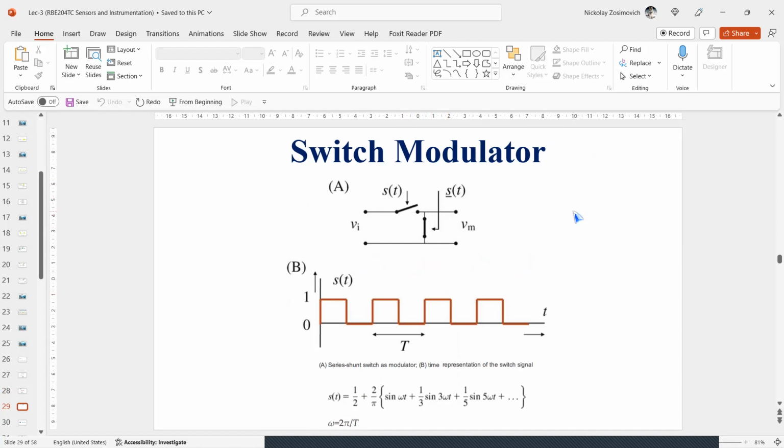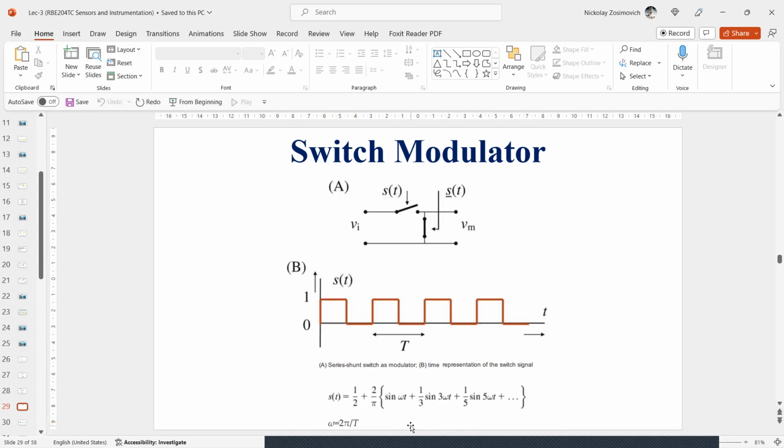So to show that this product is indeed a modulated signal with sidebands, we expand S(t) into its Fourier series, as you can see in this equation at the bottom. Here we have omega proportional to pi over T, where capital T is the period of the switching signal.